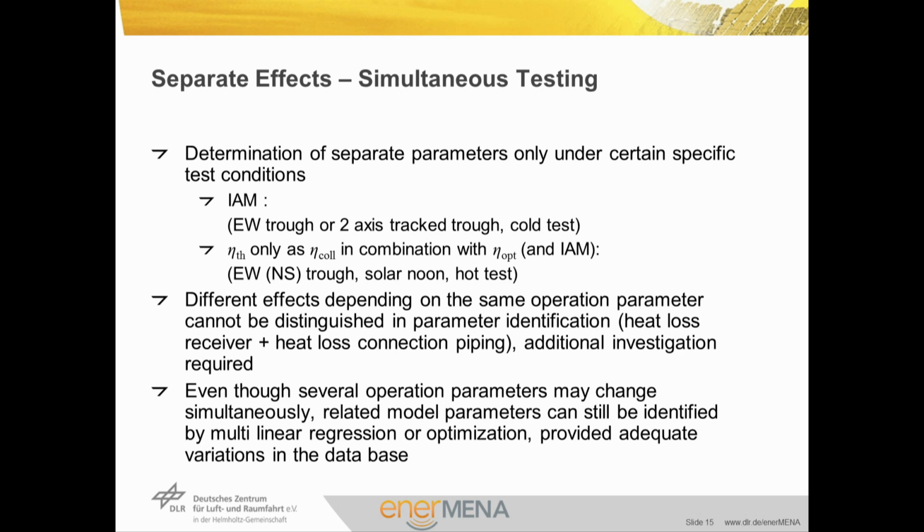Although during dynamic testing several operation parameters change simultaneously, related model parameters can still be identified by multilinear regression or optimization, if there are adequate variations in the database. Otherwise, parameter correlation can be critical in view of the identification of representative performance parameters.